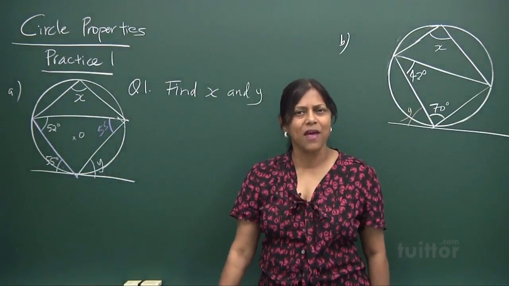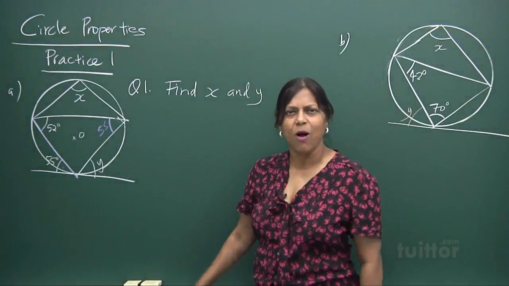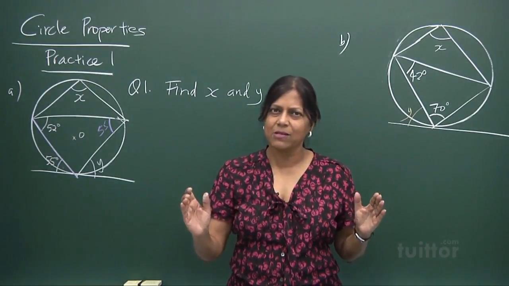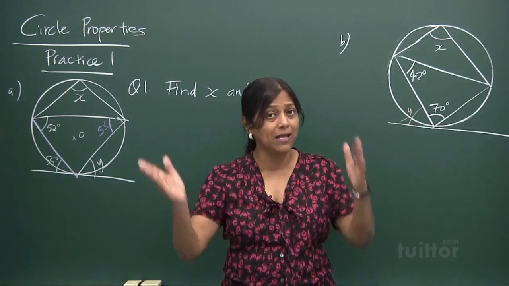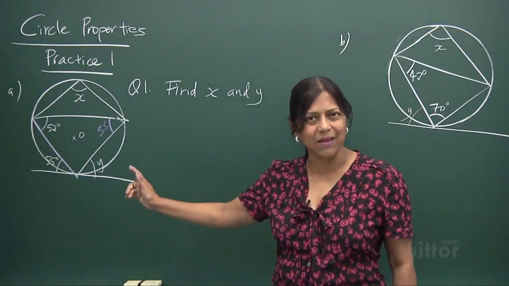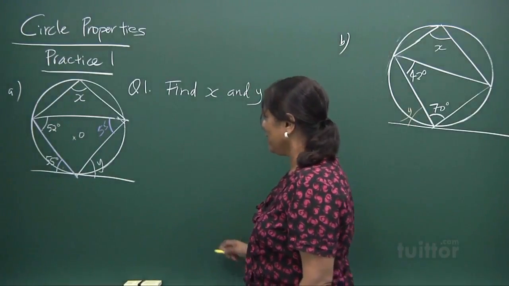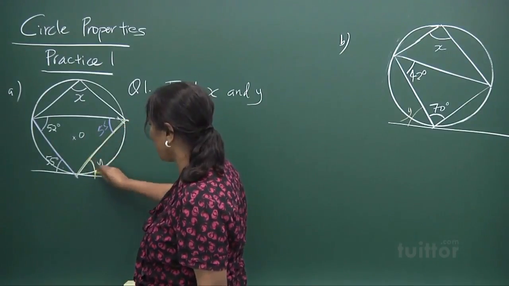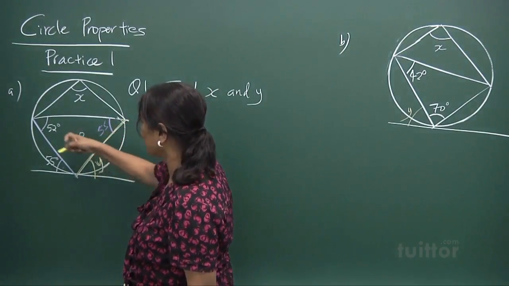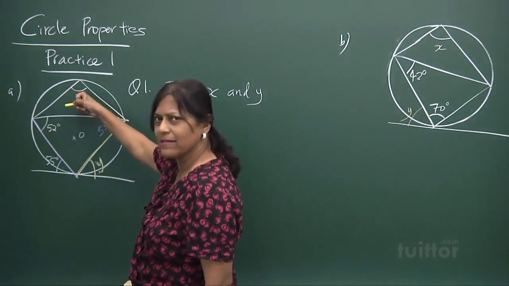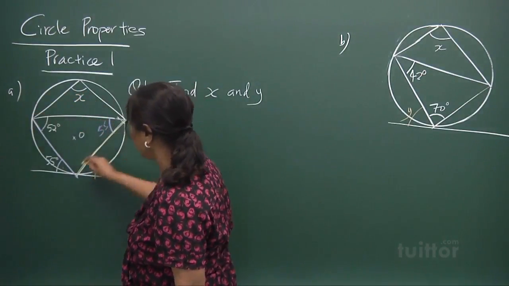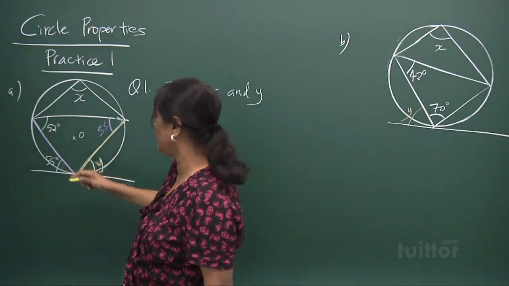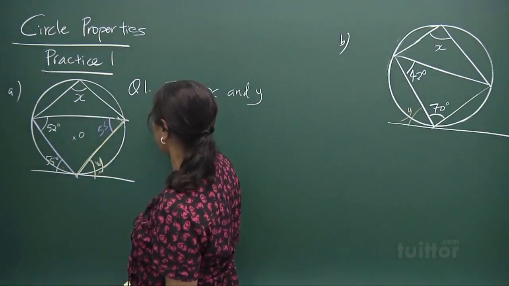Do you see another alternate segment? Remember I told you alternate angle must never be said, because alternate angles are only for parallel lines. But this is an alternate segment. Look at this line here. This is y, and y is facing not x. It must be a triangle. Y is 52 degrees because it's alternate segment.